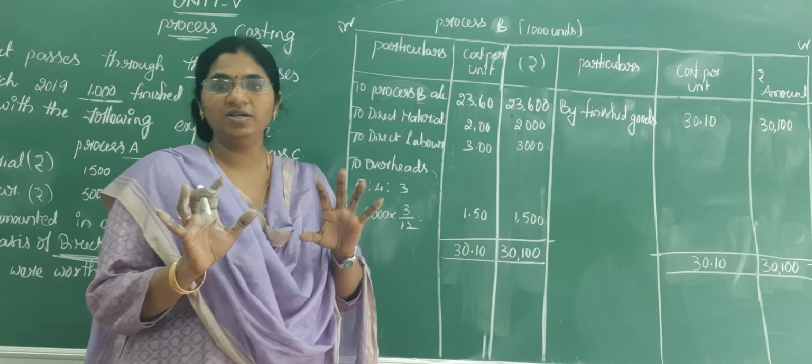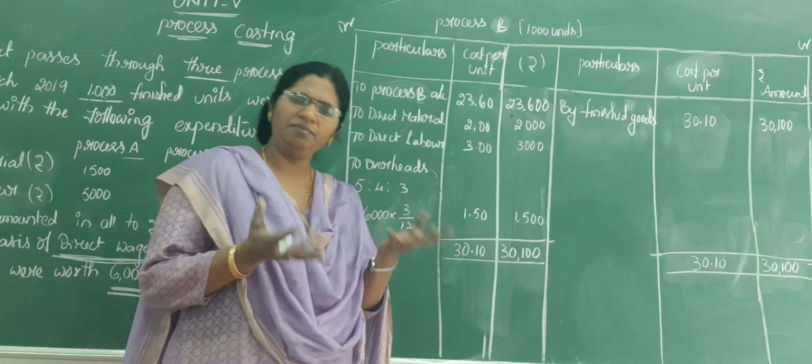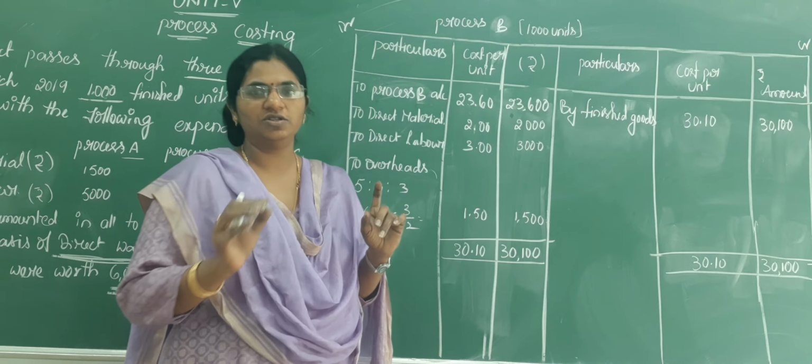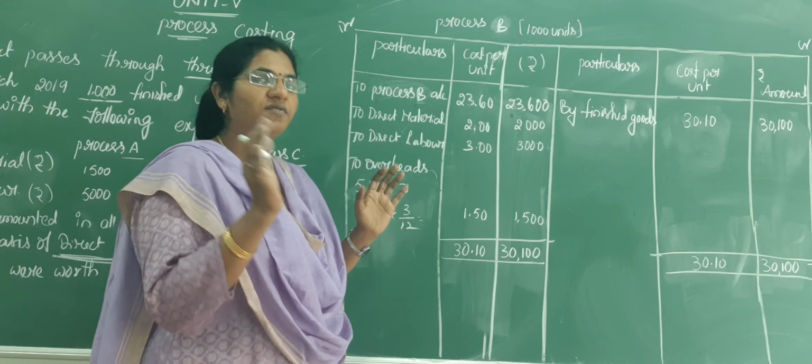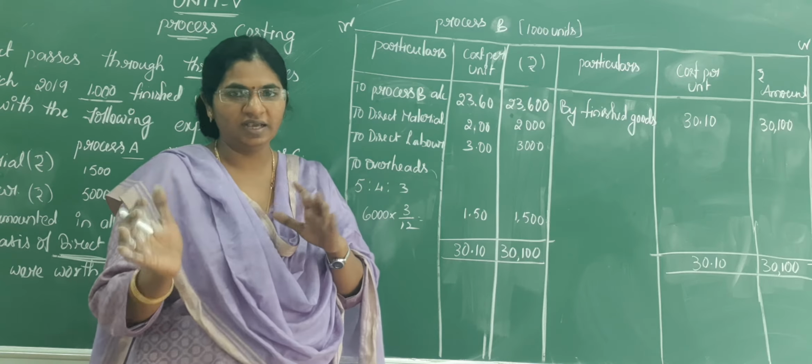Students, you remember one thing. Here the pro forma is not changing. Same particulars, per unit cost, amount on both the debit side. Just we are writing the different processes with their different names.